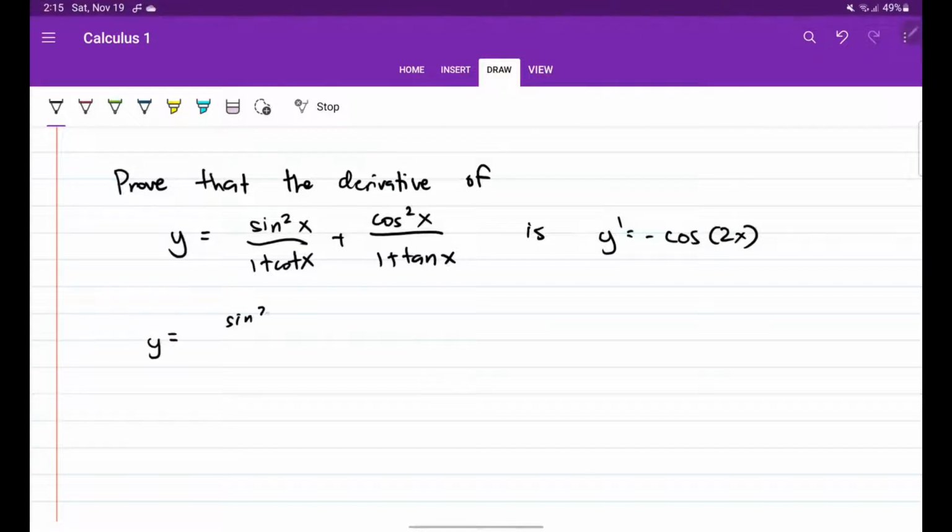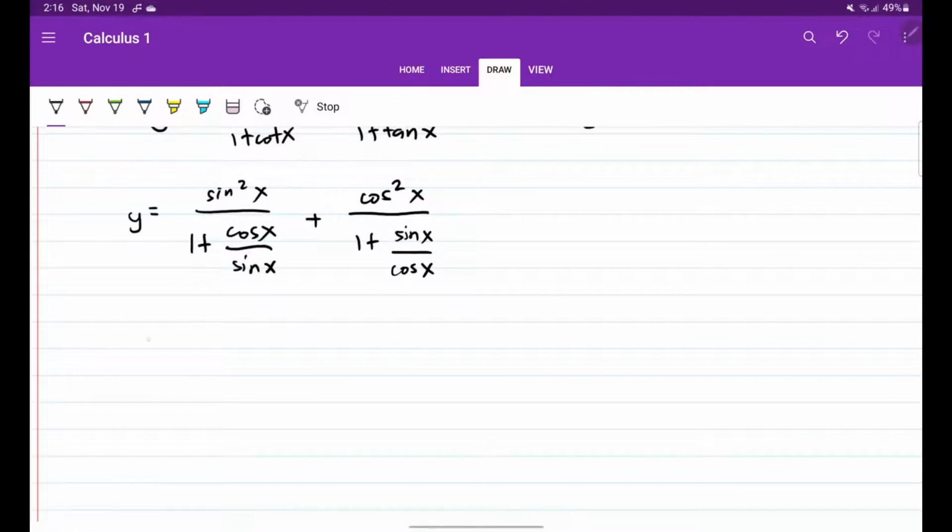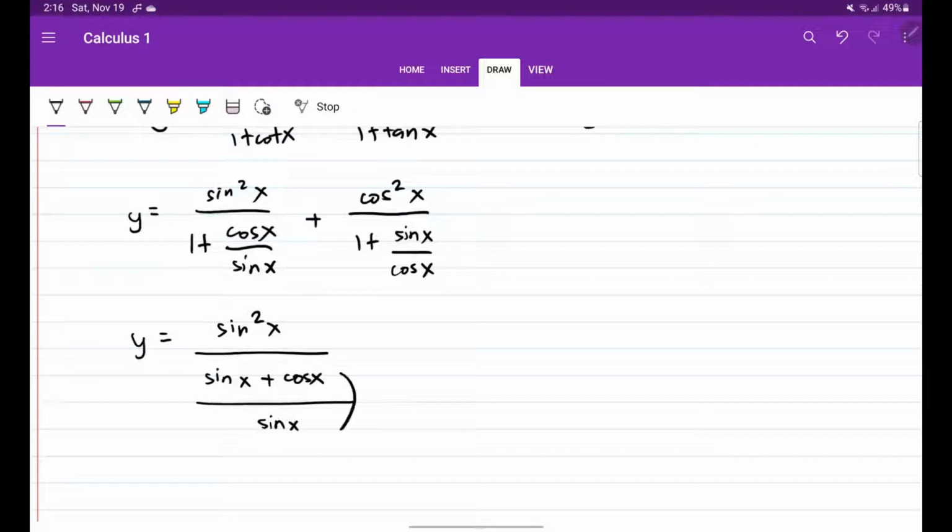So, sine squared x all over cot x is magiging cosine x over sine x. And then, cosine squared x over 1 plus tan x, that is sine x over cosine x. Okay? And we can simplify this further. So, sabihin natin y equals sine squared x over sine x plus cosine x all over sine x. Tama?